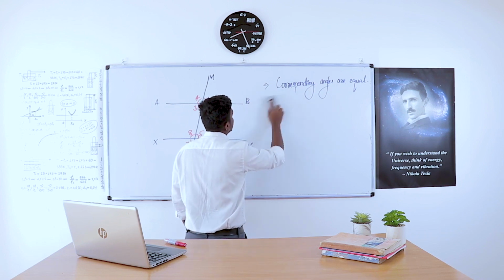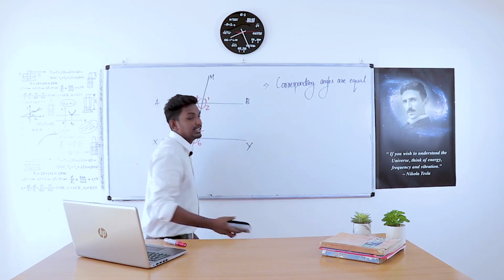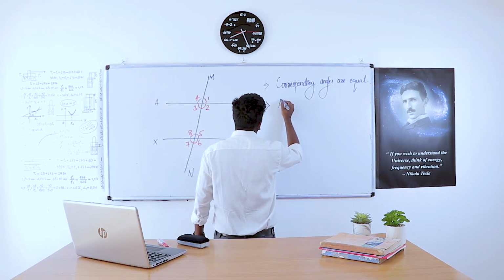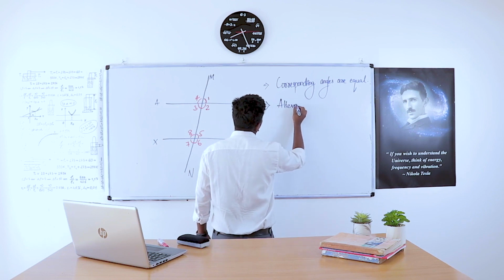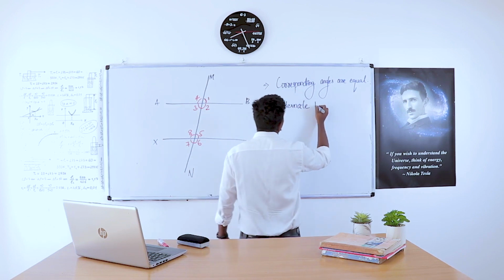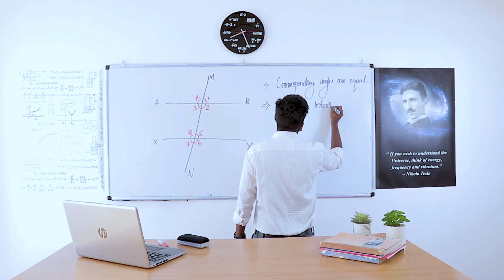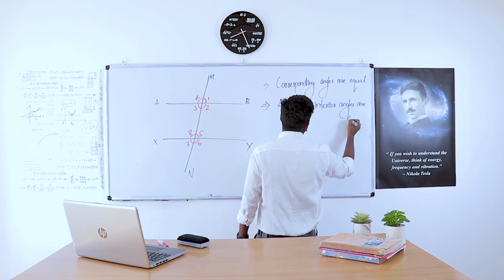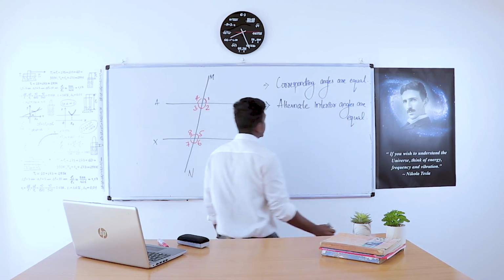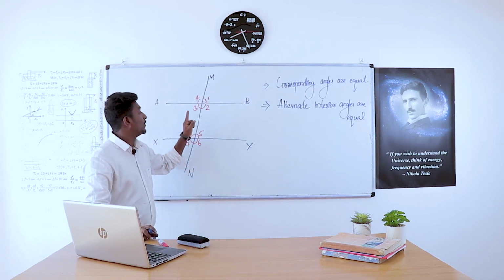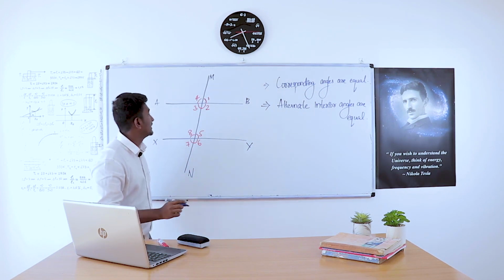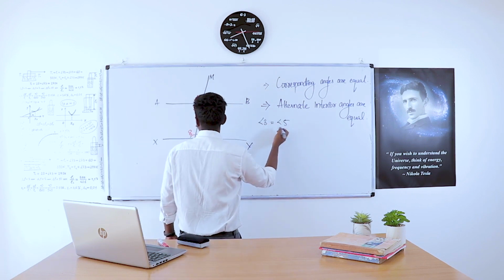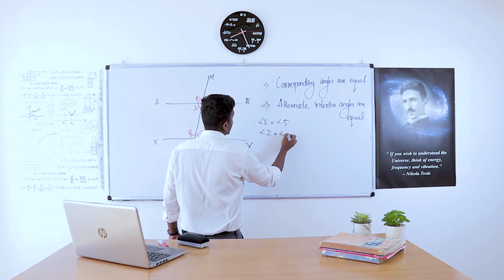If a transversal intersects two parallel lines, then alternate interior angles formed are also equal. Here angle 3 is equal to angle 5 and angle 2 is equal to angle 8.